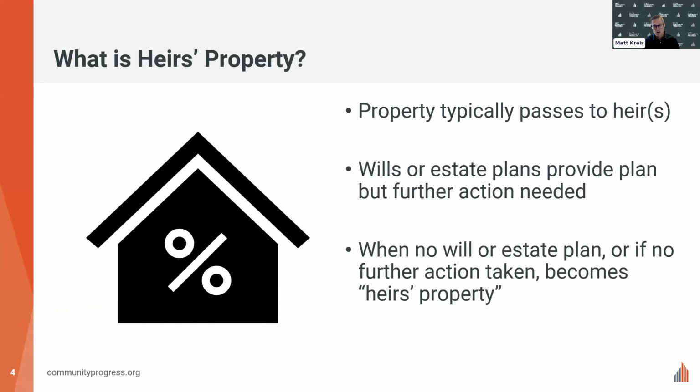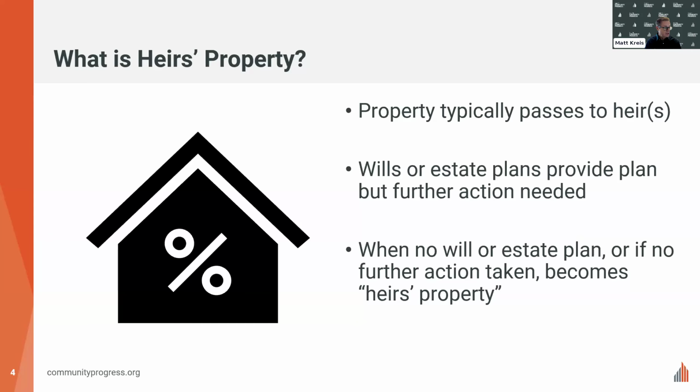So what do we call heir property, right? It's typically property that has passed to an heir. Either there was a will or some kind of estate plan, but there was further action needed to record or take title to a deed, and that was never done. Or there is no will or estate plan.